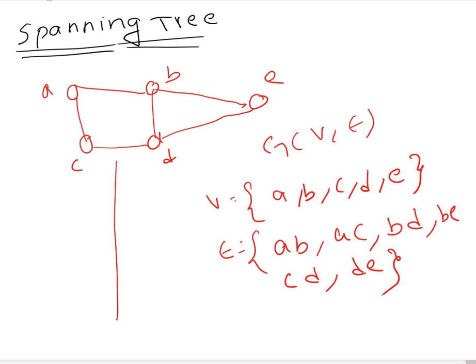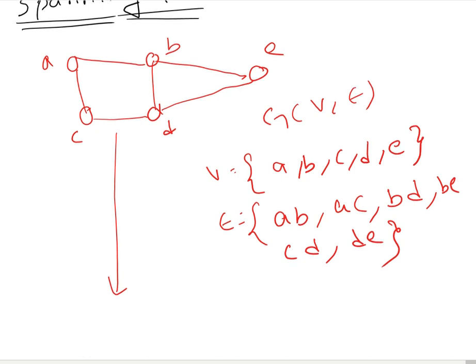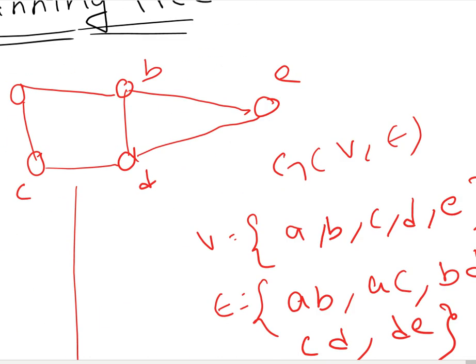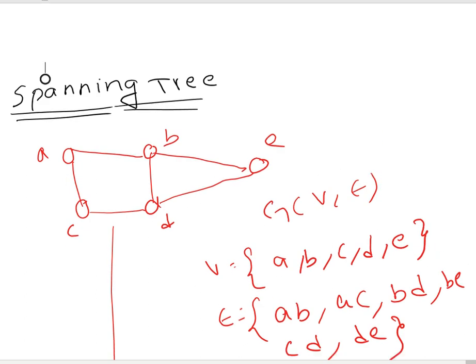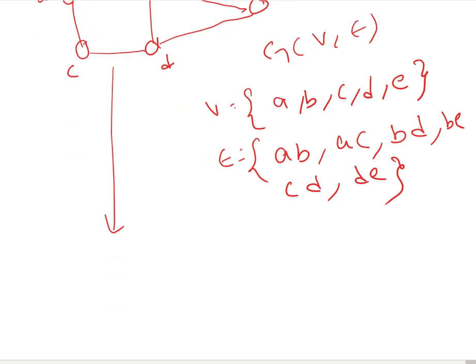Now I want to draw the spanning tree for this graph. To draw the spanning tree for this graph, we need to know what a spanning tree is. Let me state the properties of the spanning tree.